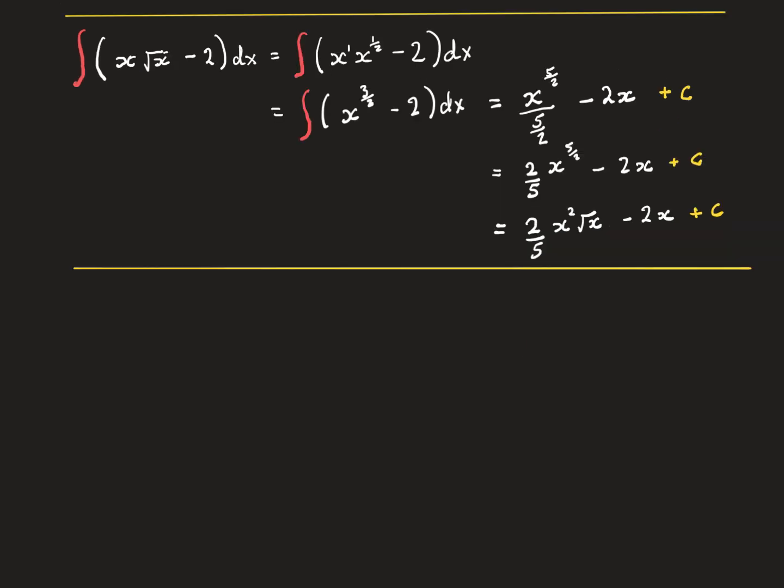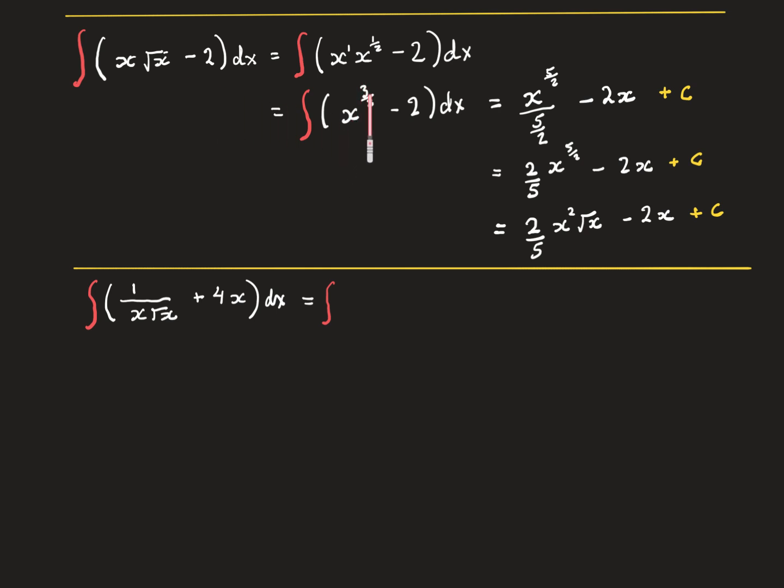And I'll finish off with another example, and this time it'll be 1 over x root x plus 4x dx. Once again, it's best to rewrite this, and we know that x root x is the same thing as what we did above over here.